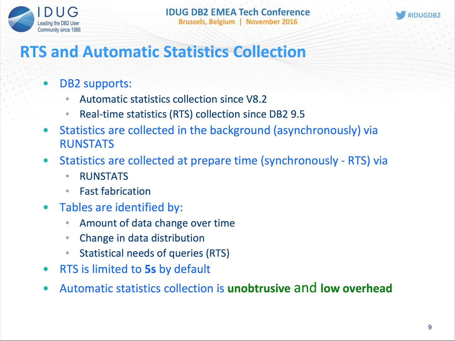The basic idea for both of them is that they have the background component where the stats are collected by a daemon that wakes up at various intervals, determines what stats need to be collected, and collects them. The real-time stats actually collects the stats when the statement is prepared. So when you actually do the prepare, it will go and drive a RUNSTATS at that point in time.